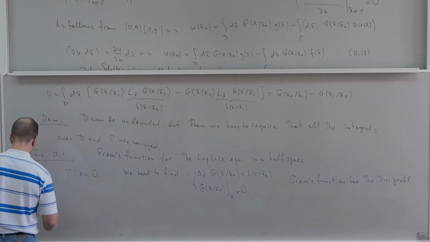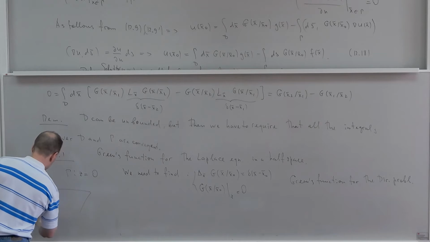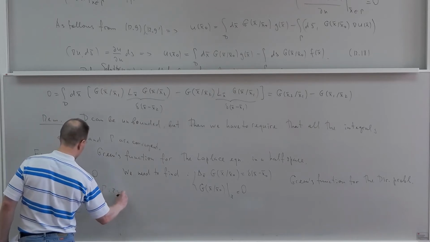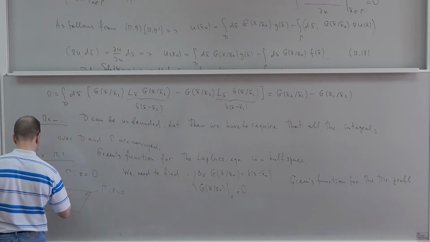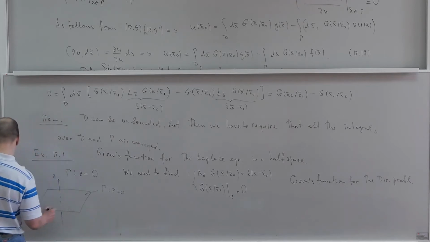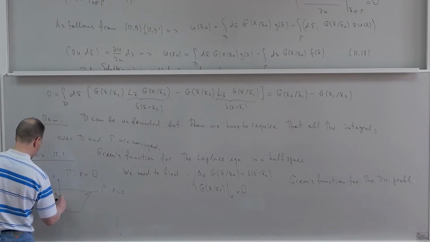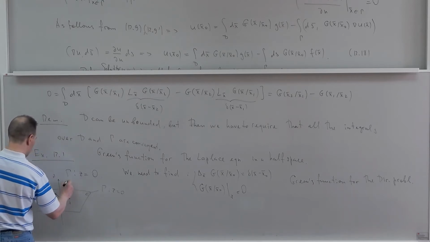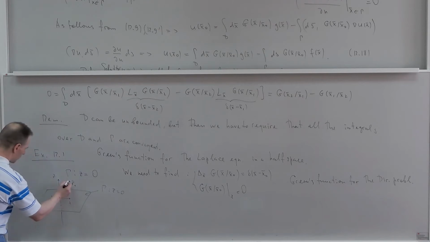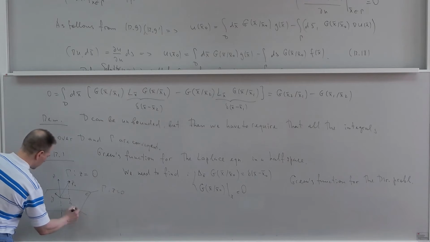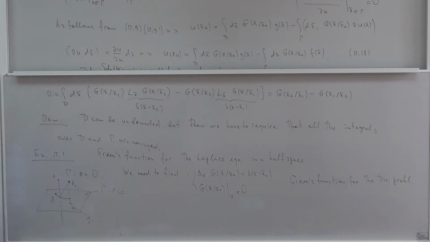Looking at a picture, it is a plane gamma. Here is some point R0 and R0 prime, its mirror image.